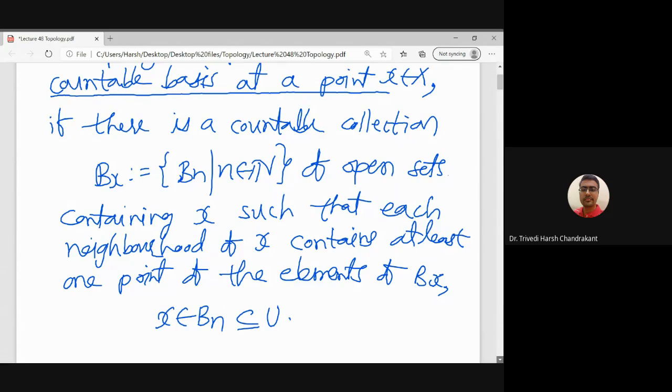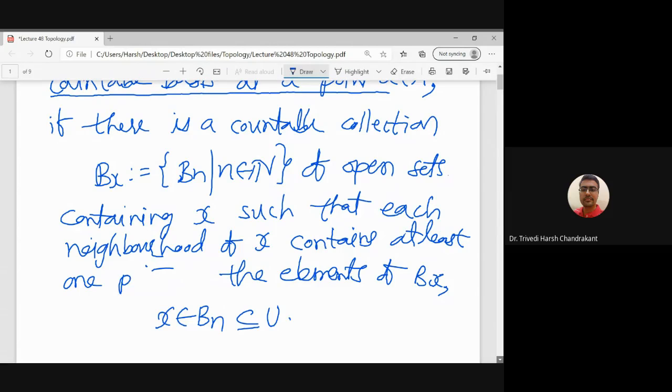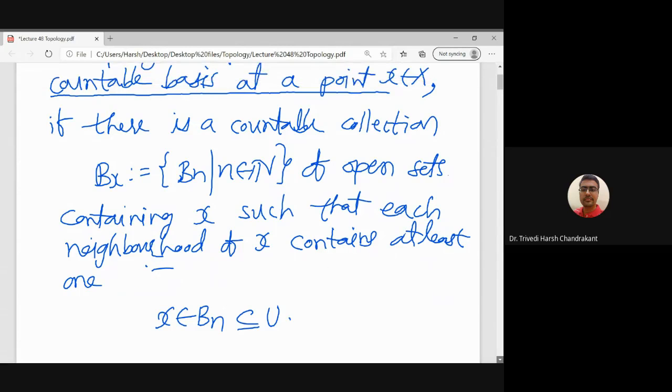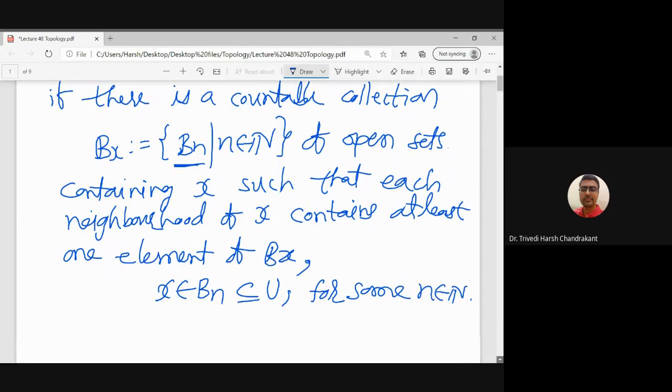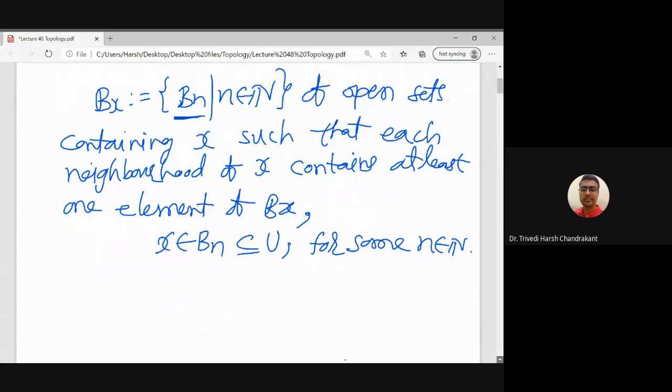Sorry, what I've written is that U contains at least one element of Bx, not one point. So an element of Bx is of the form Bn for some n belonging to the natural numbers, with x in Bn, which is a subset of U. So this U is a neighborhood of x.